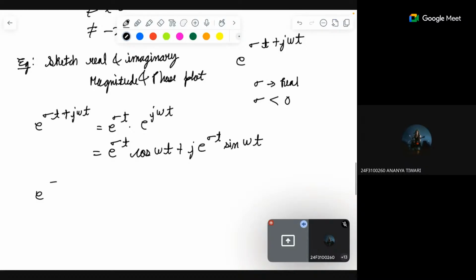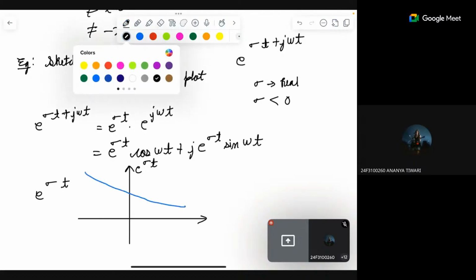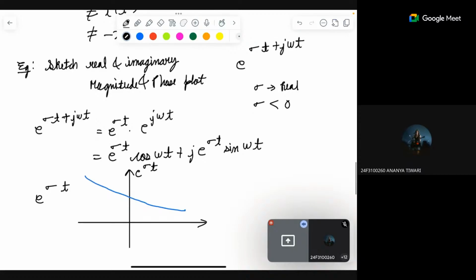Now this e raised to the power of sigma t, sigma is real and less than 0, so it will be a decaying exponential. And e raised to the power of sigma t is neither even nor odd, right?